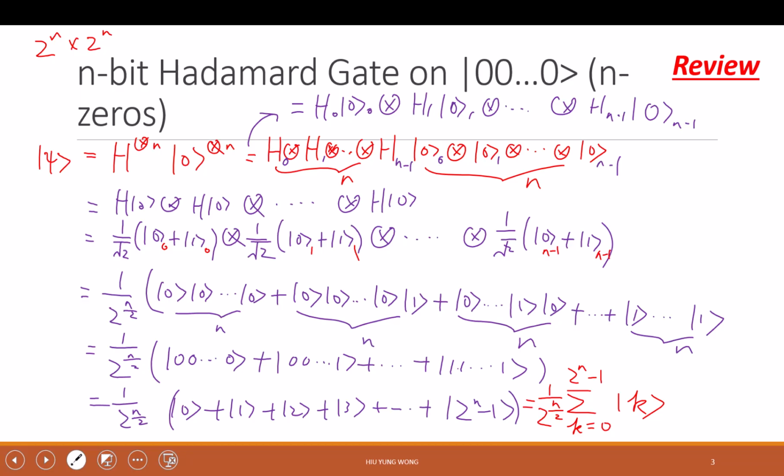Is this clear? If you need to use this equation, you can just use it. The good thing about my exam is I don't test difficult proofs.